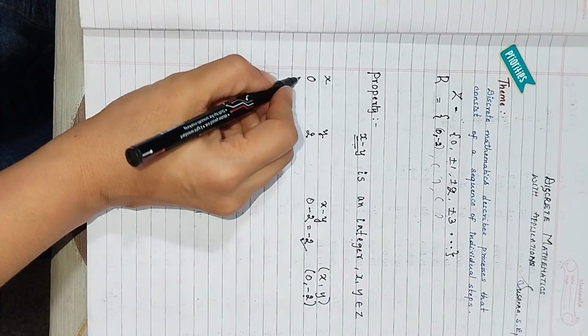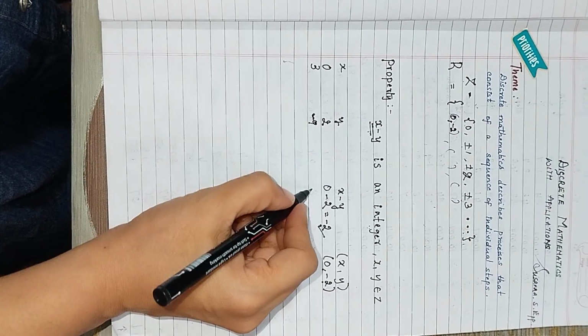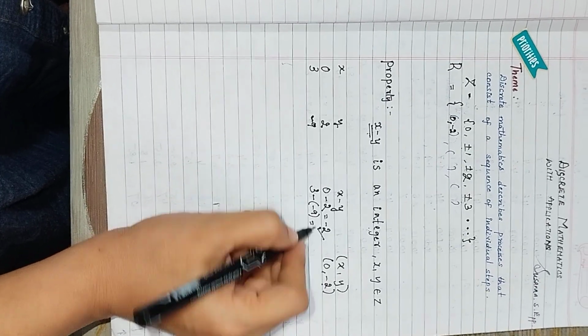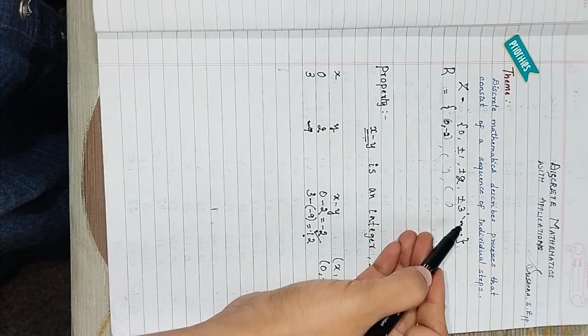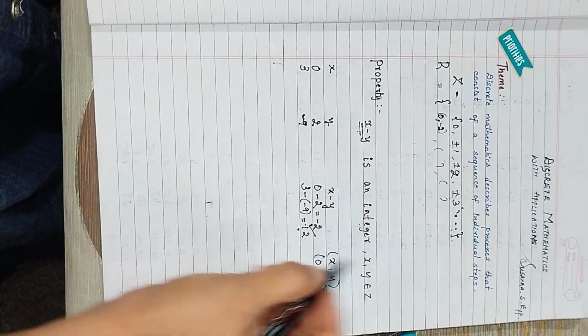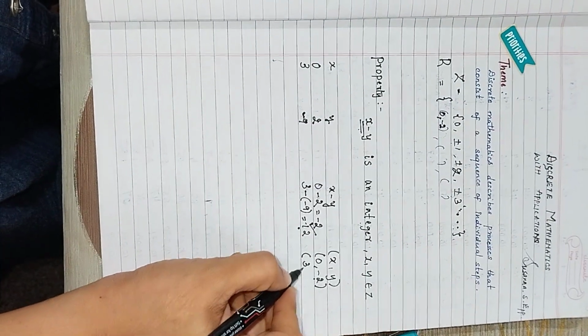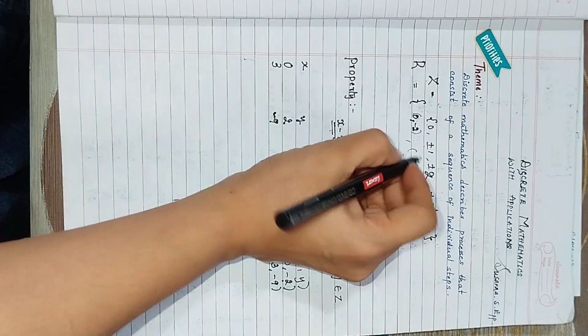Let us take one more example, 3 and minus 9. So 3 minus of minus 9, that is 3 plus 9, which is 12. 12 is also an integer, it also belongs to this set Z. So we can write this ordered pair, 3 comma minus 9.